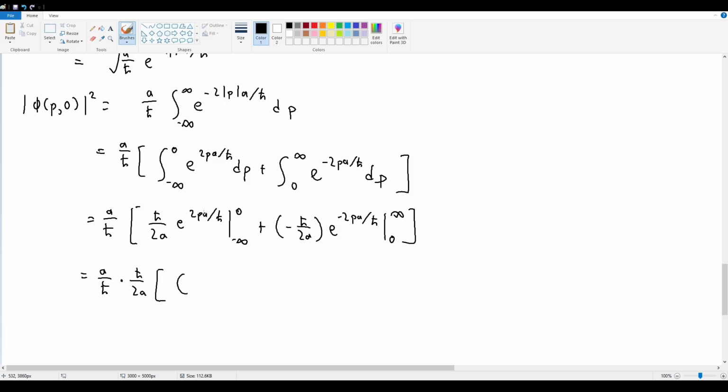And now I have e to the power of 0, which is 1, minus e to the negative infinity, which is 0, subtracted by, I think that's 0, yeah, e to the negative infinity is 0, and then that becomes minus 1, like that. So that becomes a cancels, h bar cancels, 1/2 of 1 plus 1, which is equal to 1, therefore normalization is conserved, and we are done with part C.